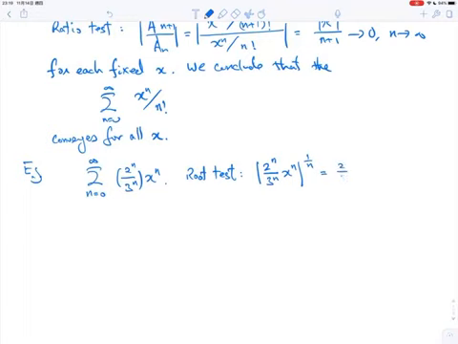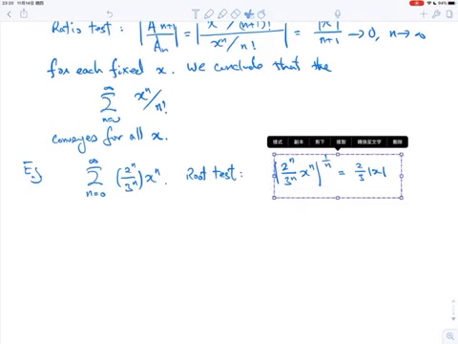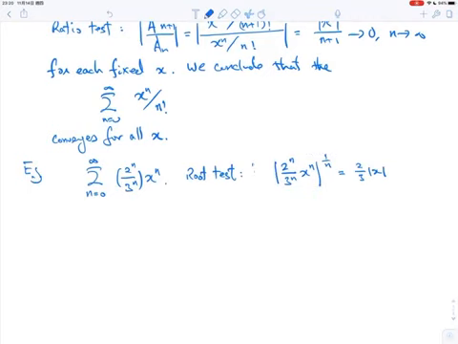So in this case, it's easy to see we end up with this quantity. The principle for the root test is that after you take the limit, you want the limit to be less than 1, right?